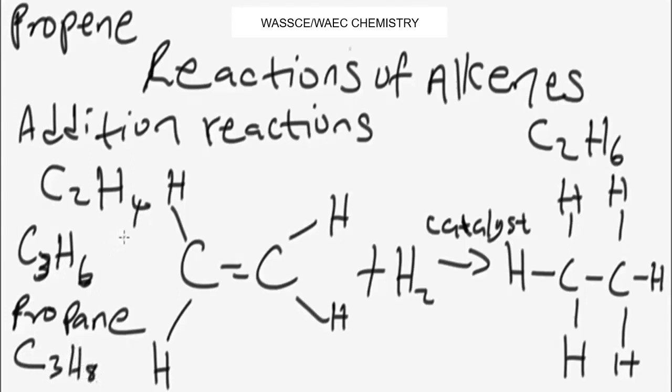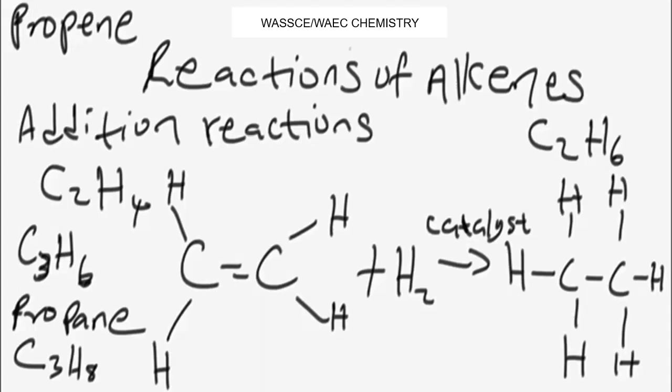So when an alkene reacts with a hydrogen molecule, we're going to get an equivalent saturated alkane. Alright, so take note of that. When butene reacts with hydrogen molecule, you get butane as an equivalent saturated alkane in that order. So take note of this. This is one of the addition reactions of alkenes.